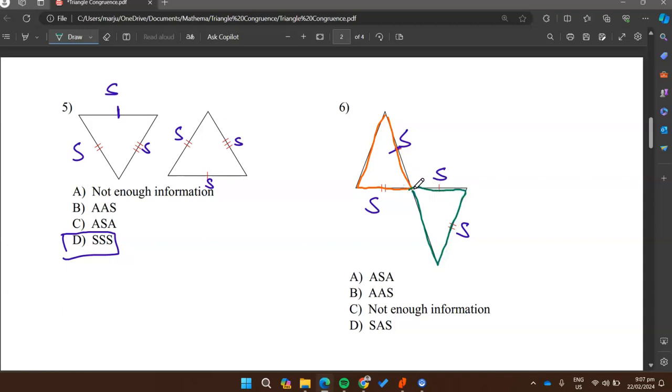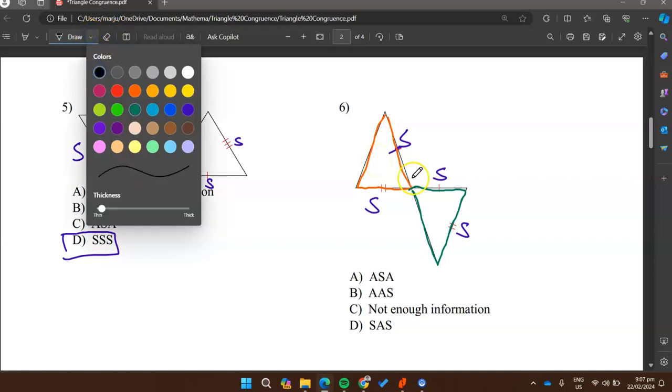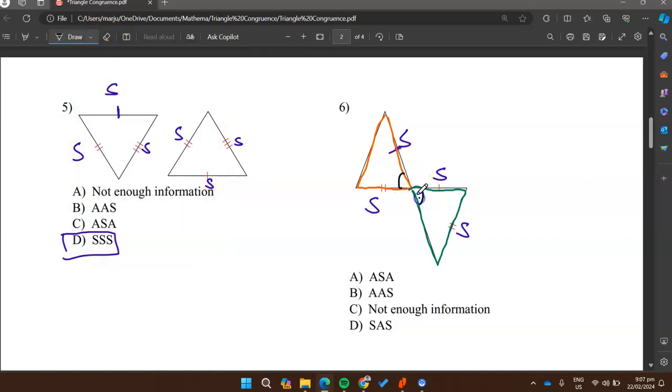So what do we have here? We have SS. We know that vertical angles are congruent, so this angle is congruent to this. So we have angle. On the other side, we have SAS. But on the other side, we have ASS, which is not a thing.